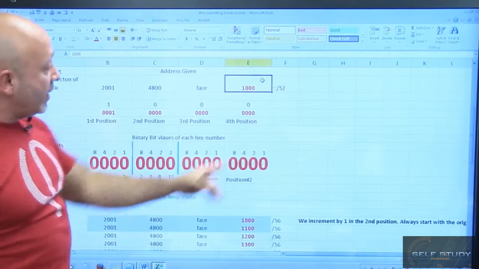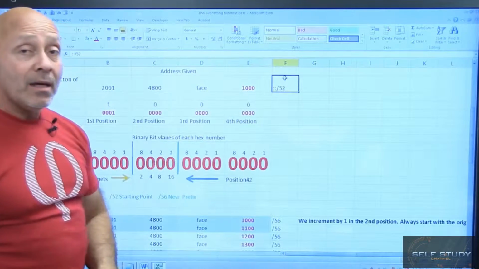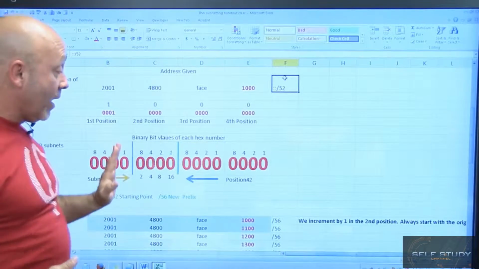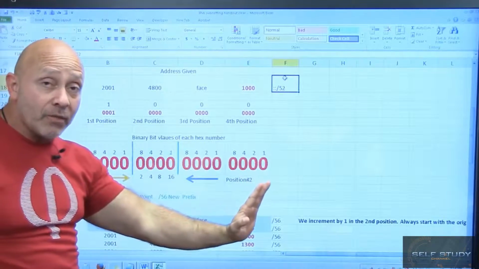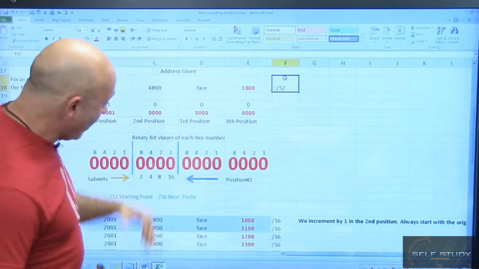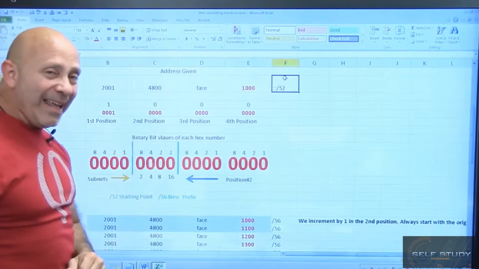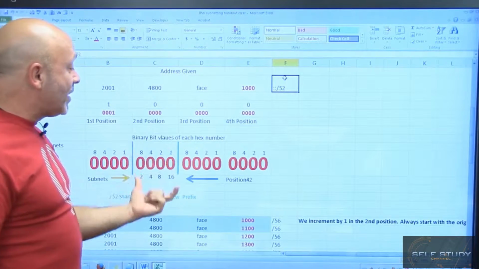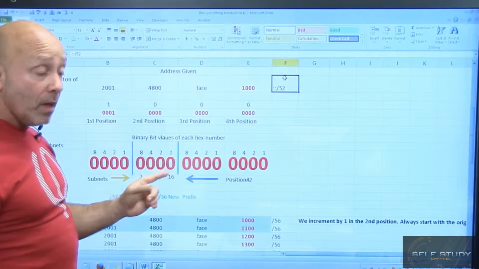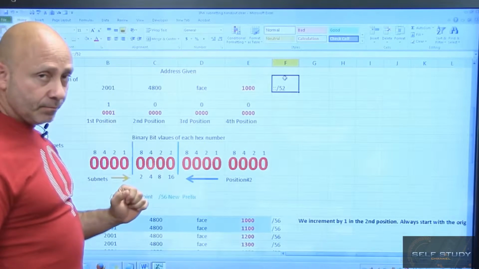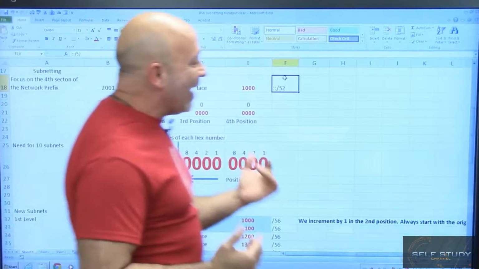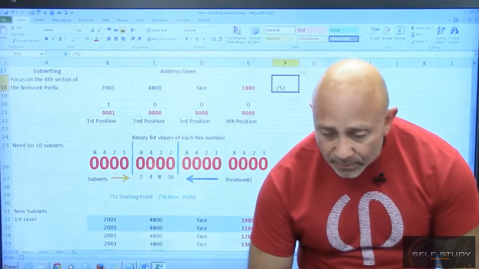Draw our line with the given network prefix that we had to make our starting point. We counted for subnets from left to right like we normally would, found that increment number, and saw that we were incrementing in position number 2, by 1.